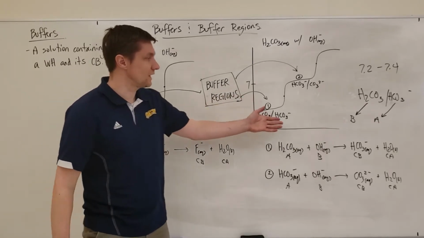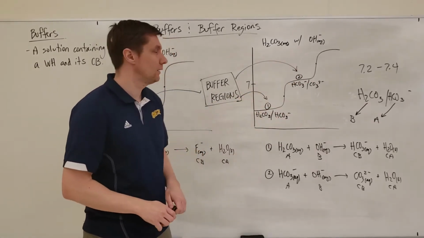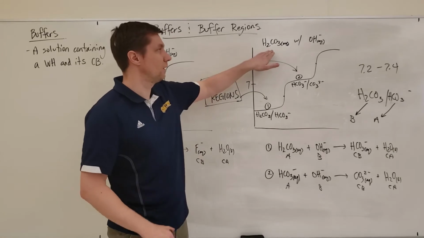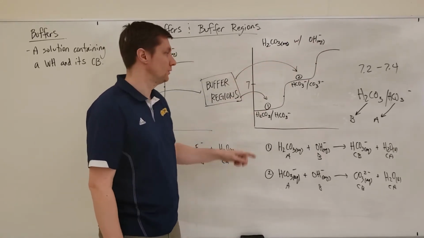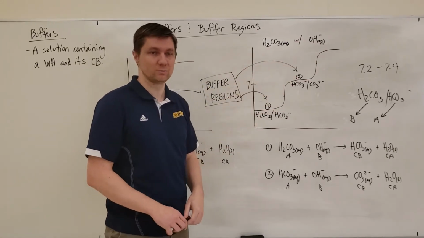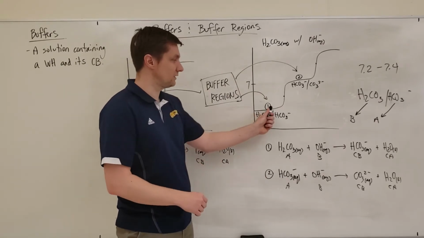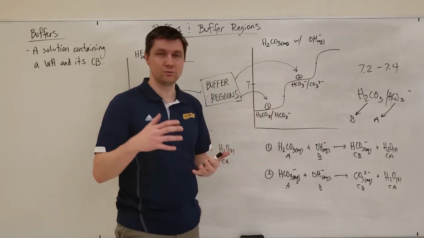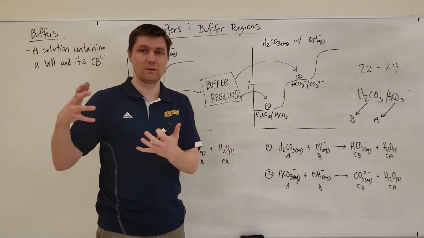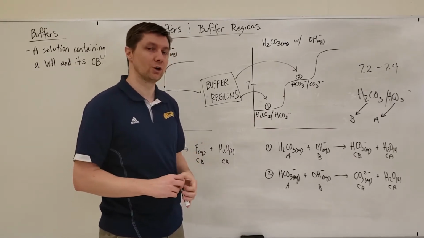If you take a look at this example over here with the polyprotic weak acid, carbonic acid with a strong base, you can see I've got my two equivalence points. But because I've got these two flat regions here, I've got two different Bronsted-Lowry equations occurring.